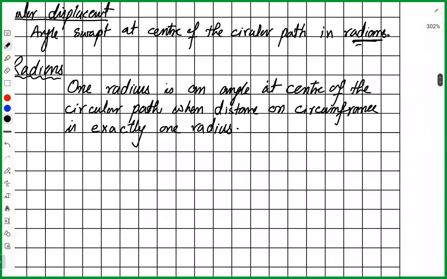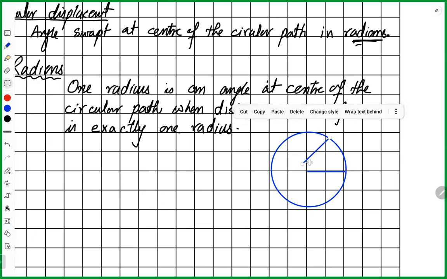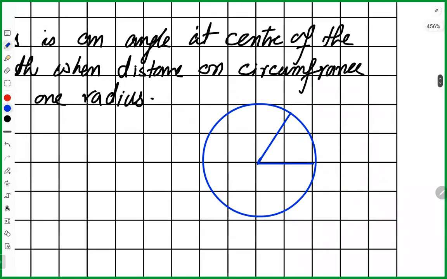Okay, and let me make another circle for this one. This is a circle. This is radius number 1. This is radius number 2. Now, this is the radius.